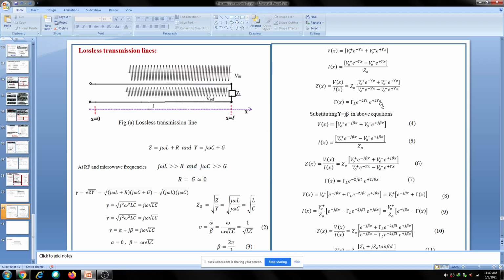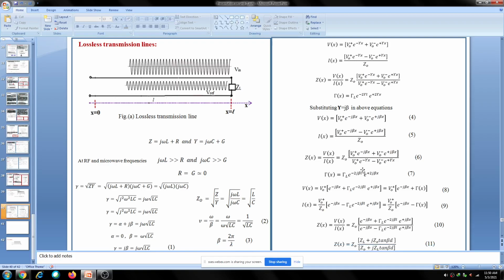So we got the reflection coefficient given by this. So these equations 4, 5, 6, 7 are the expressions for voltage, current, impedance and reflection coefficient on a lossless transmission line. Only gamma is replaced by j beta.